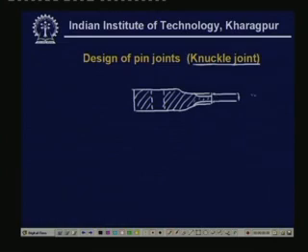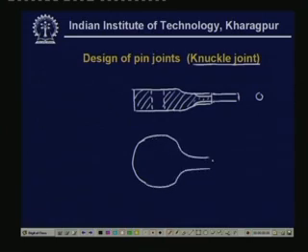This is a rod with a circular cross section, and if you look from the top, it looks somewhat like this. This is an octagonal shape, and there is a hole there.